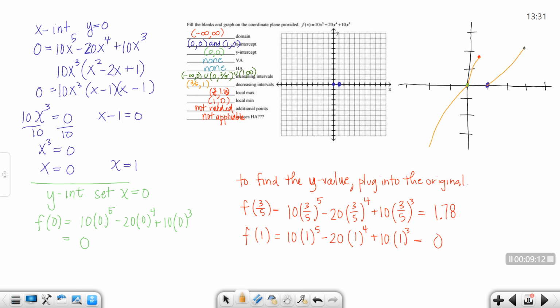It's increasing from 1 to infinity. I'm decreasing from 3/5, that's my red point. I'm decreasing from 3/5 to 1. I know that's a rough sketch, but that's what it looks like. It's increasing all the way to the red dot, and then it's going from there. And that's how your graph would look.